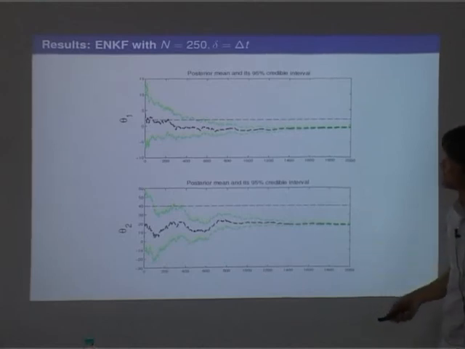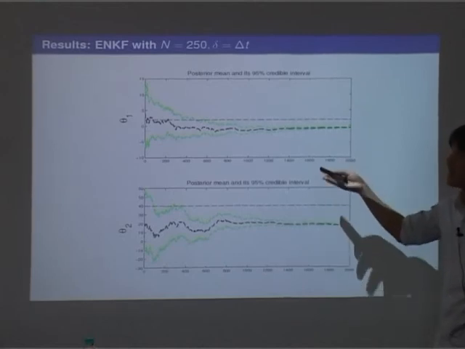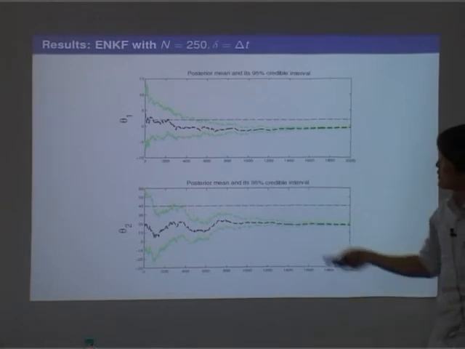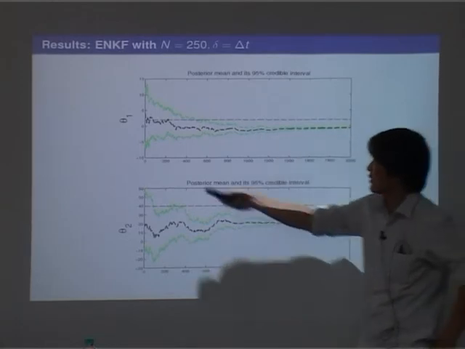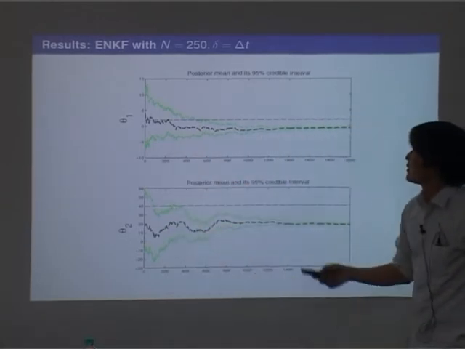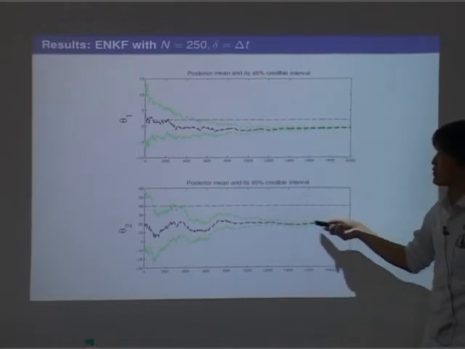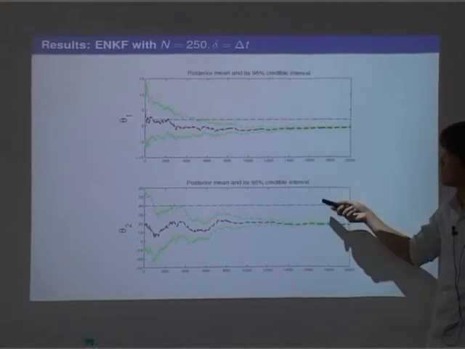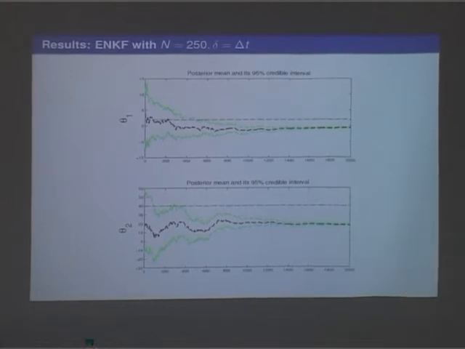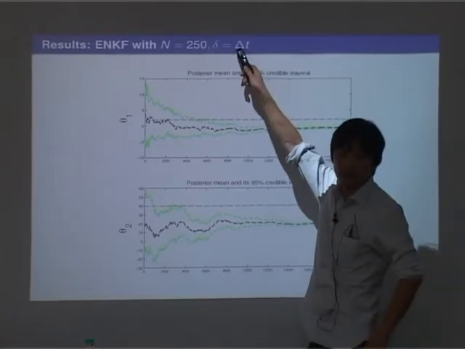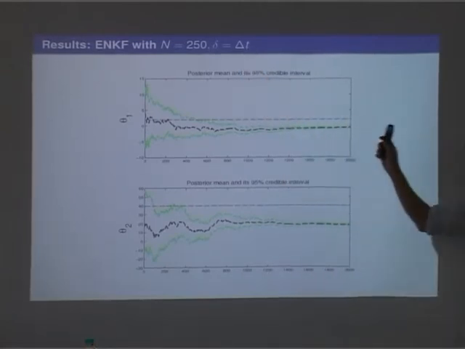Because we are running the EnKF, we use the mean, so it's a point estimate for theta 1 and theta 2. The filter stabilized, but it converges to the wrong value. Here is the true value, 2 and 40. And that is with delta equal to delta t, so we are in a linear regime.